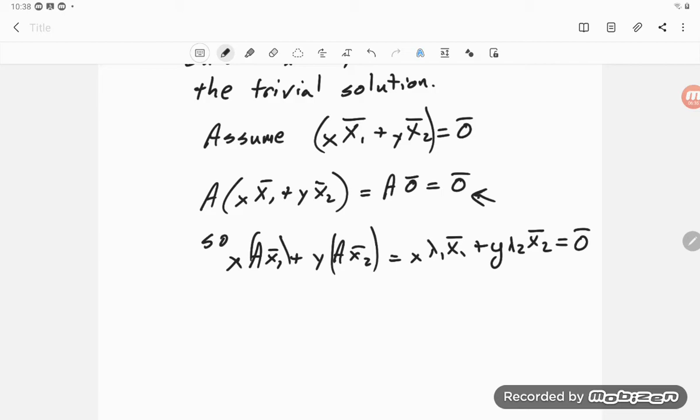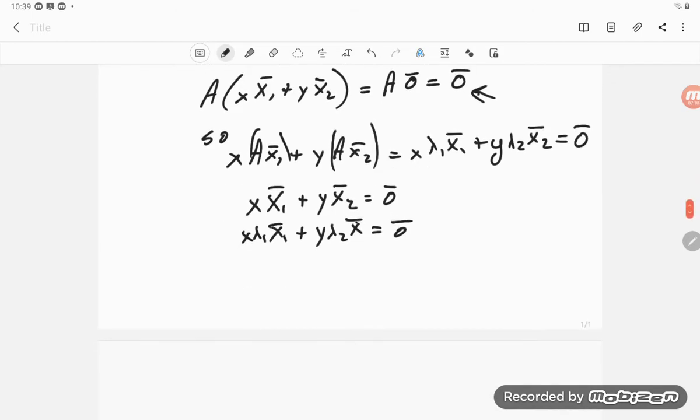And so we have a system. We have x x1 plus y x2 is equal to 0, and we have x lambda 1 x1 plus y lambda 2 x2 is equal to 0. Okay, so we have that.